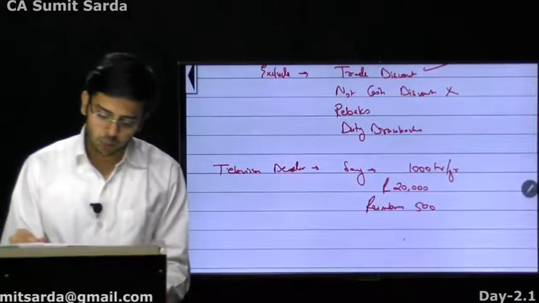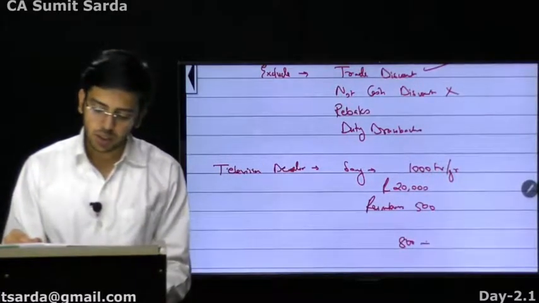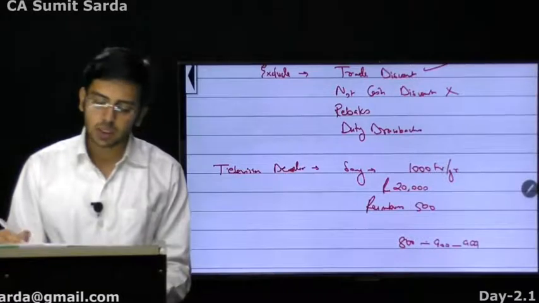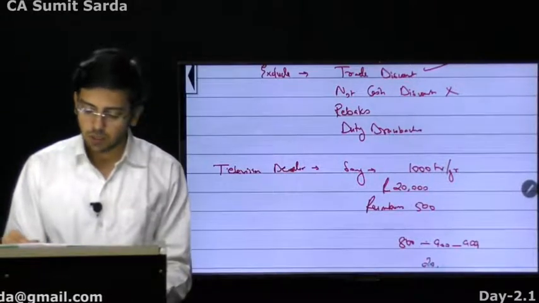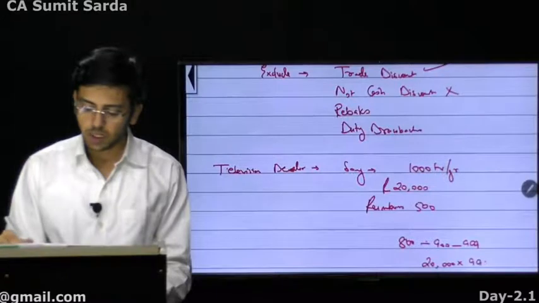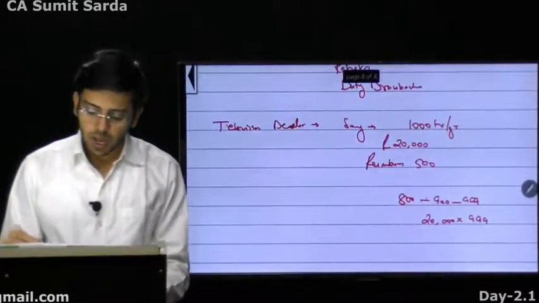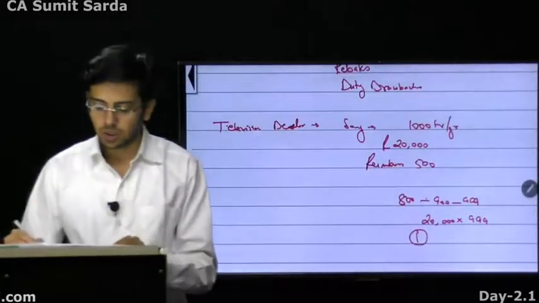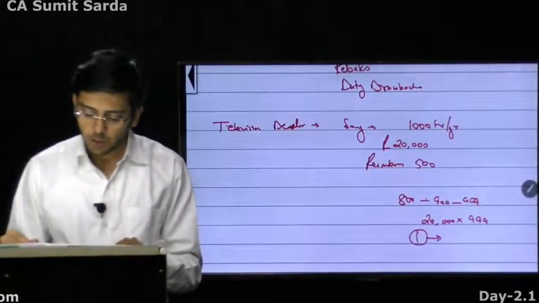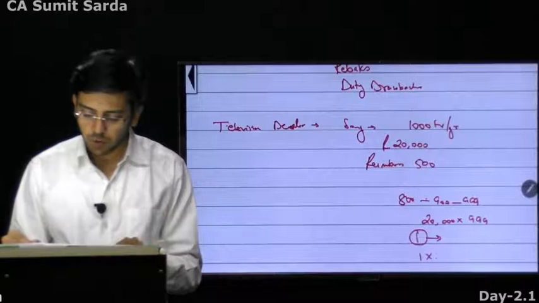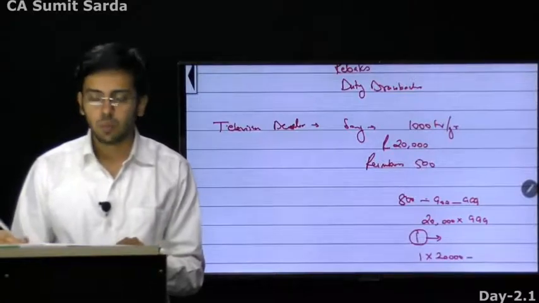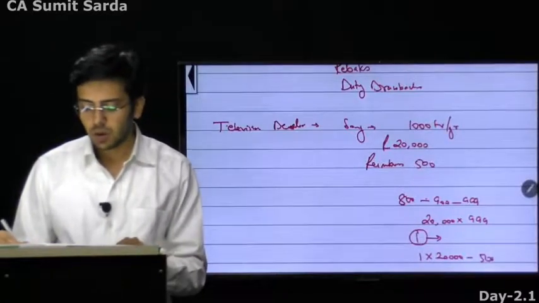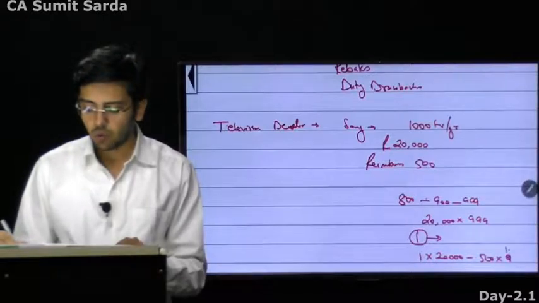So during the year, up to the time I have sold 800 TVs, 900 TVs, up to 999 TVs, what I have paid to the company is 20,000 into 999. But as soon as I sell that one extra TV, the 1000th TV, at this point what I have to pay to the company is one TV into 20,000, but company will reimburse me 500 rupees for all 1000 TVs.